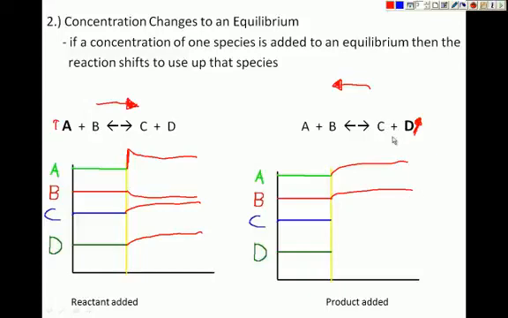Now C is being used up, and therefore C is going to decrease. And D, well, we added a whole bunch of D, and so it went up, and then it shifts to the left, and so it decreases.